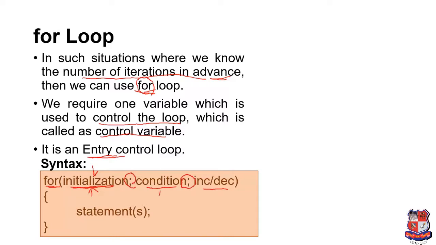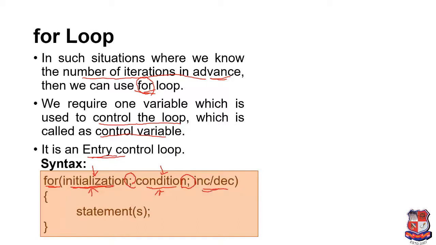Next is the condition. Where we have to terminate the loop, or after how many iterations we have to stop our loop, we decide with the condition. We write some condition here. If that condition is true, then the loop will be executed, otherwise the loop will be terminated.